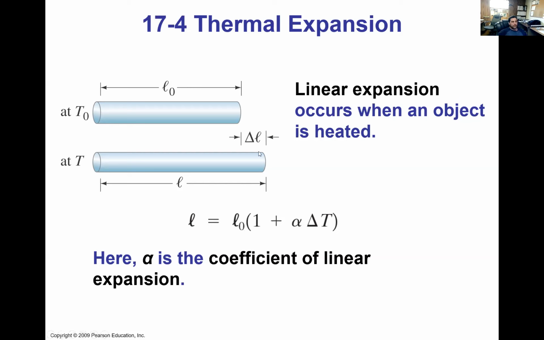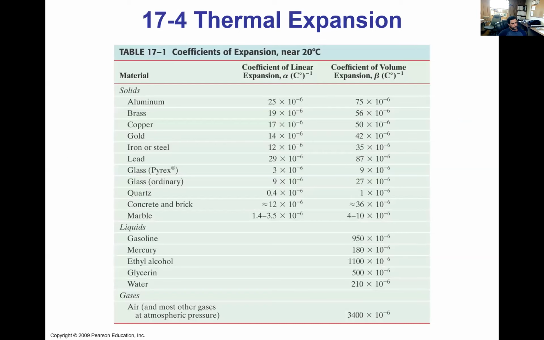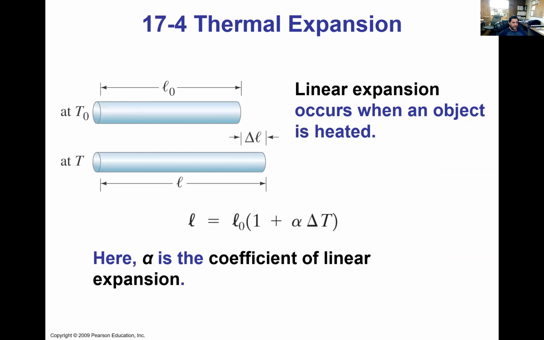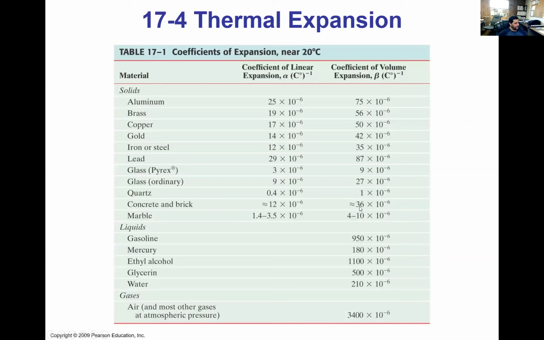You take that, you multiply it by the change in temperature, that gives you the change in overall length. Or this whole equation gives you the new length. This right here, multiplied by L sub 0 will give you the new length. Okay. All right.